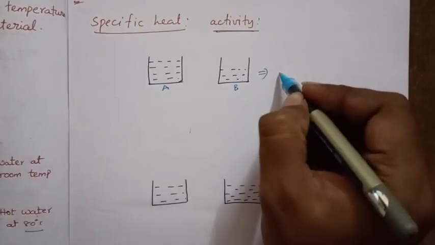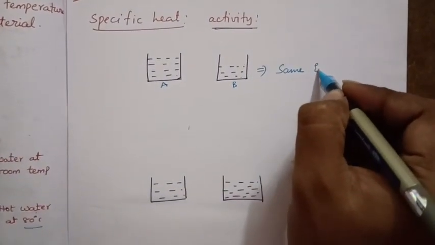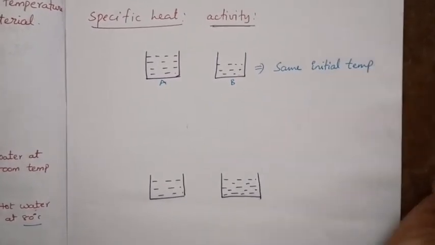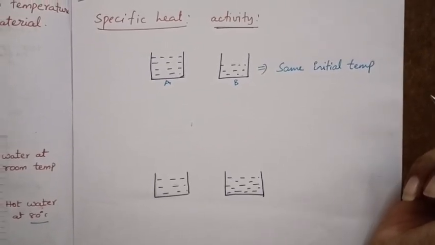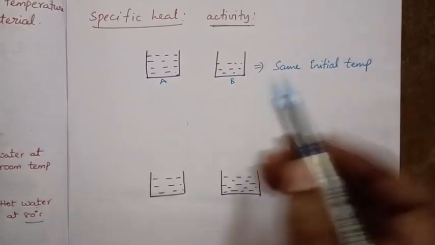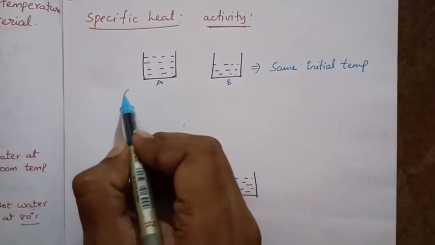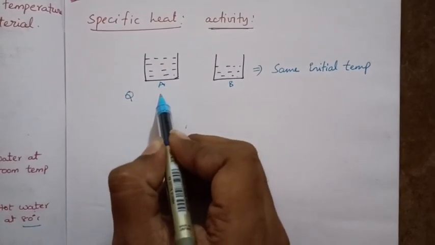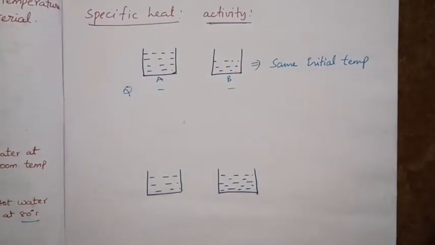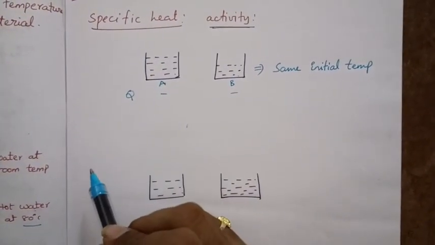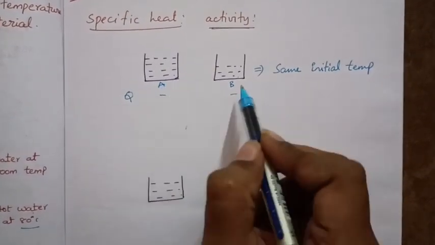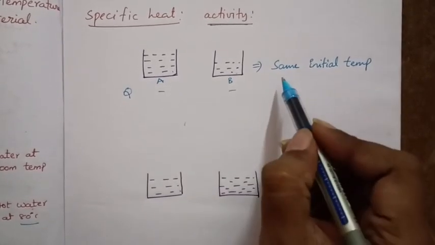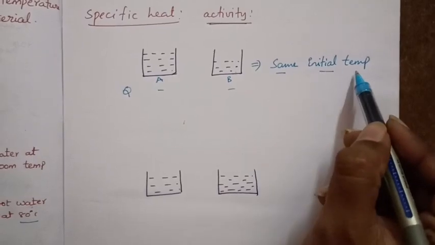Let us take both having the same initial temperatures. Now I want to supply heat. Amount of heat is denoted with the letter Q, for both A and B. A has more mass, B has less mass, but both have the same initial temperature.